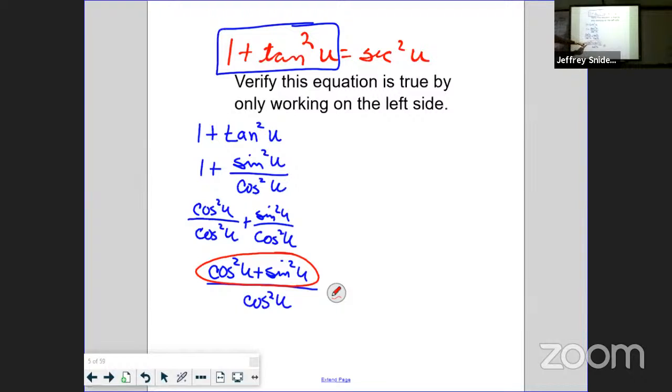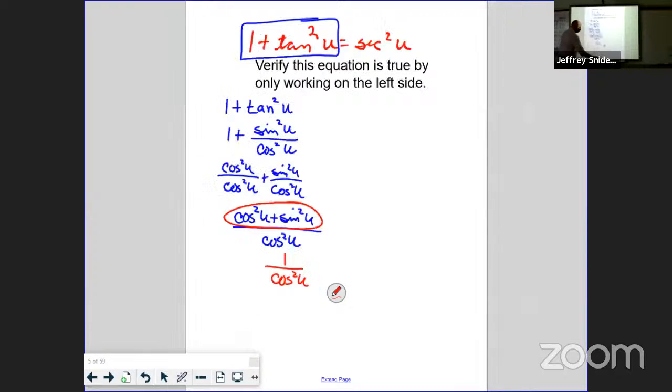Careful. What's cosine squared plus sine squared? 1, right? It's 1. So now I get what? 1 over cosine squared u. Hey, now I could use the what? Reciprocal identity.